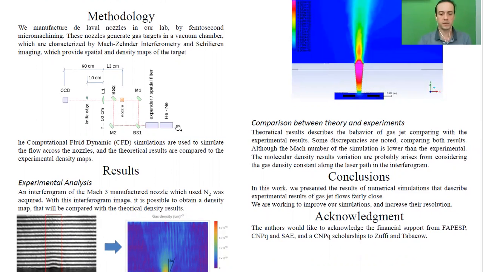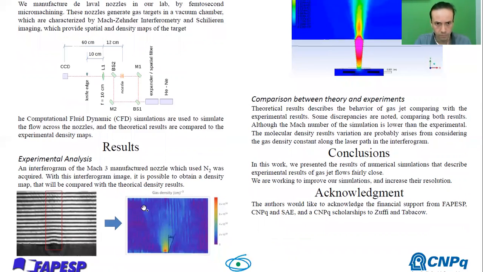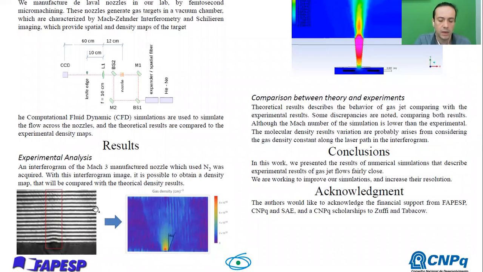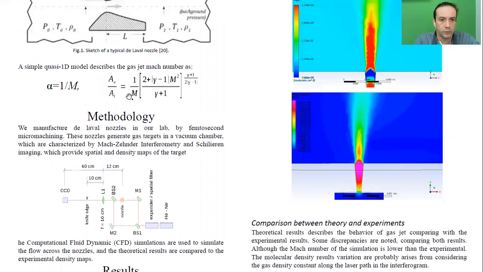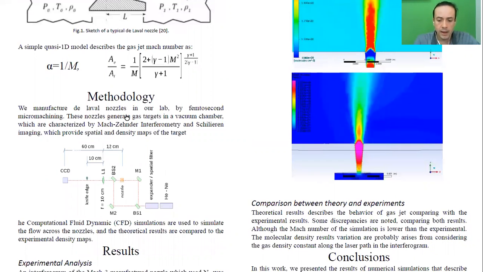The diameter of the exit is about 190 micrometers, and the throat is about 86 micrometers in diameter. It defines a Mach number of about 3, according to this quasi one-dimensional model.